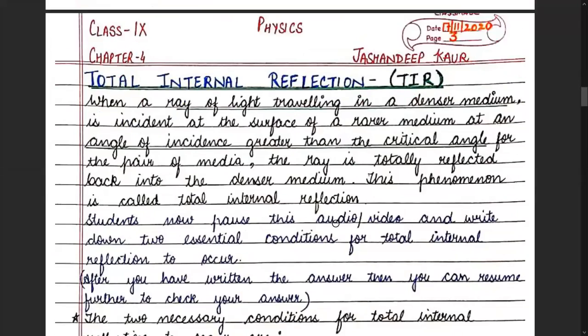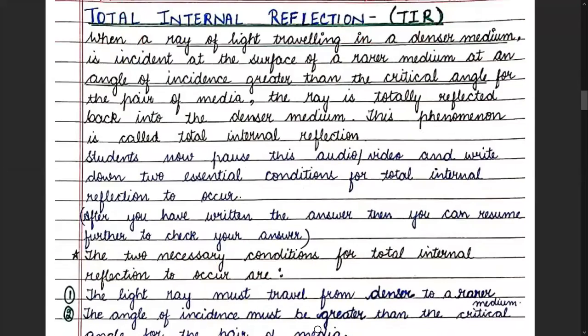So here now we will come to our next topic, that is total internal reflection, which is also termed as TIR, capital T, capital I, capital R. So students, when a ray of light traveling in a denser medium is incident at the surface of a rarer medium at an angle of incidence greater than the critical angle for the pair of media, the ray is totally reflected back into the denser medium.